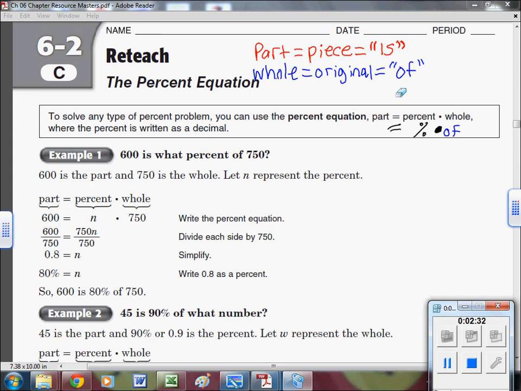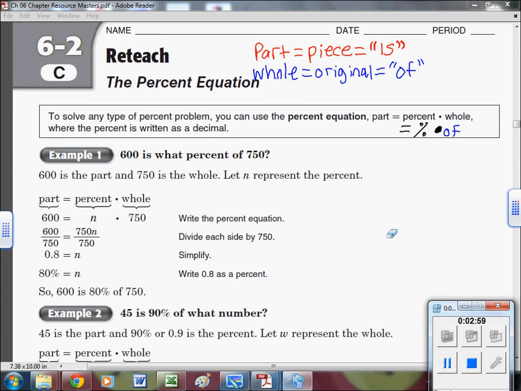The is portion. Your part is known as your piece, just some portion of the whole, and very commonly will be referred to as the word is in word problems. In example 2, it says 45 is, so 45 is the is number. In example 1, it says 600 is, so that means 600 is the is number. So use your reading skills when working through these and make sure you can identify which number is the is number, which number is the of number, and which number is the percent number.